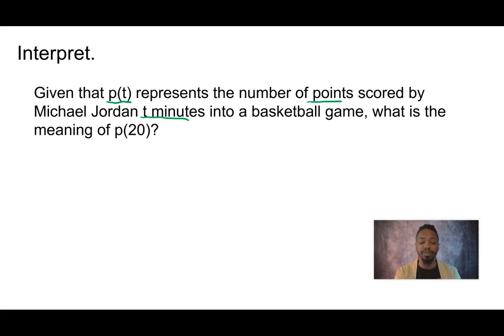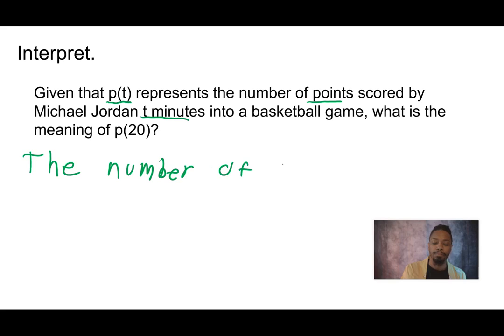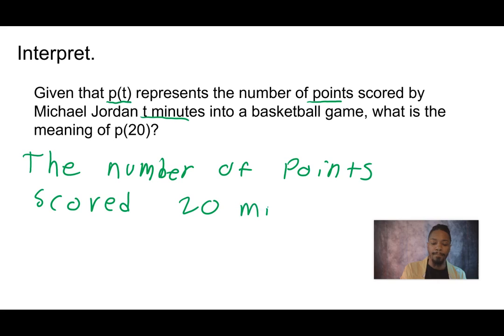So here we have P of 20. 20 is where the T was. So thus that means minutes. So this will be the number of points scored by Michael Jordan 20 minutes into the game.